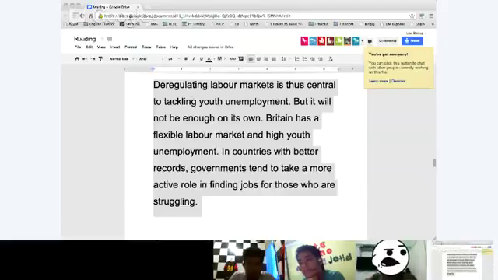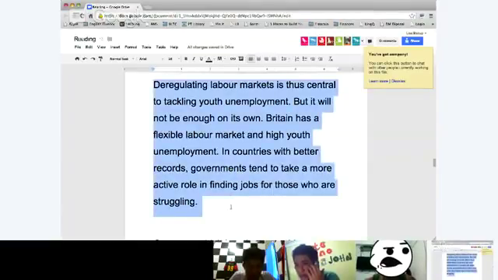Britain has a flexible labor market and high youth unemployment. In countries with better records, governments tend to take a more active role in finding jobs for those who are struggling.